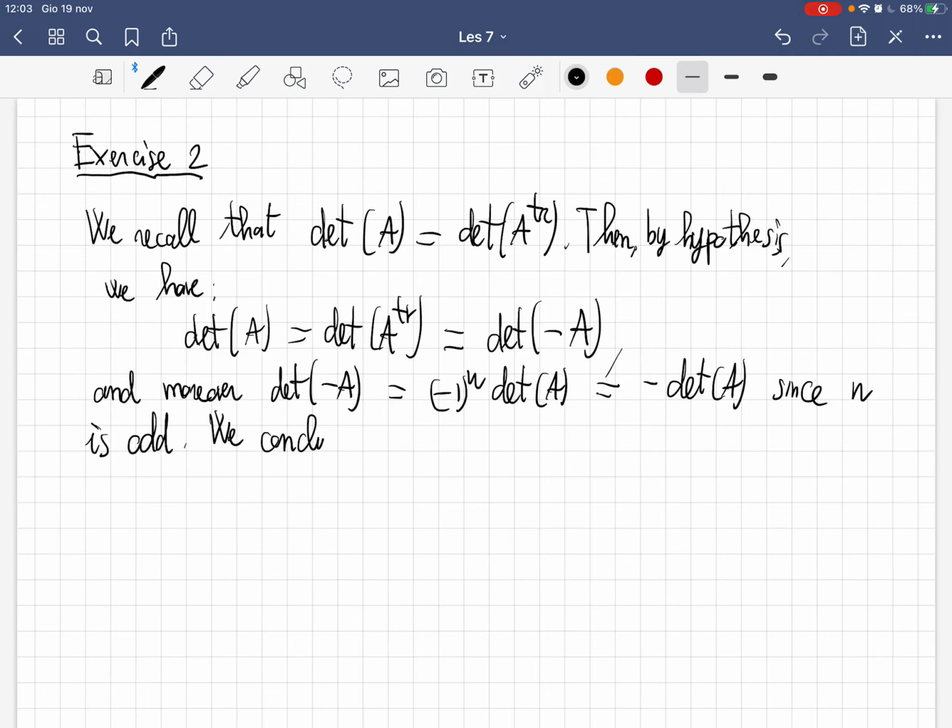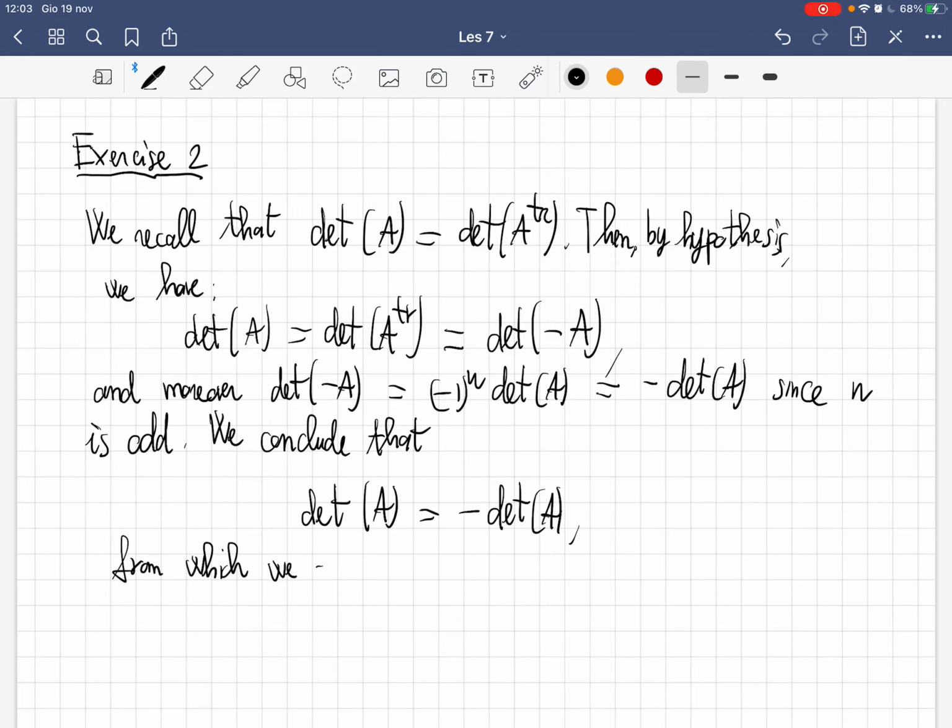We conclude that the determinant of A is equal to minus the determinant of A, from which we deduce 2 times the determinant of A, hence determinant of A equal to 0.